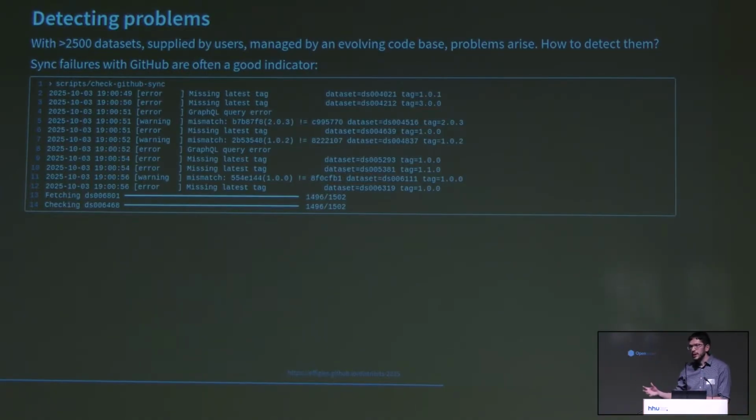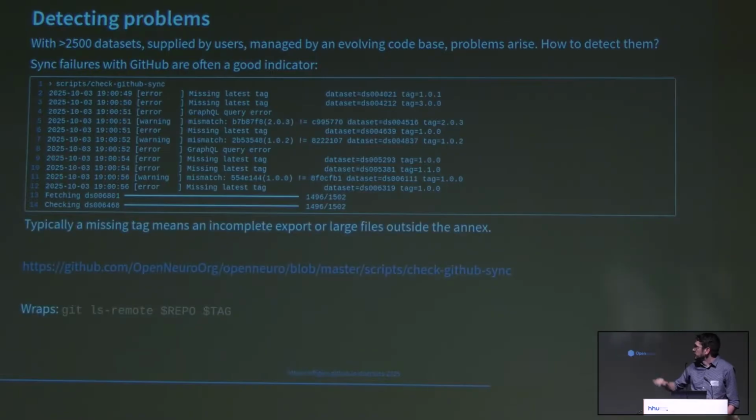If it gets the DOI, it builds the snapshot, creates the tag, pushes it to S3, and then finally syncs to GitHub. So if anything in that process fails, it can show up as a failure here. We have a script that basically just wraps git ls-remote to check, and our GraphQL interface.